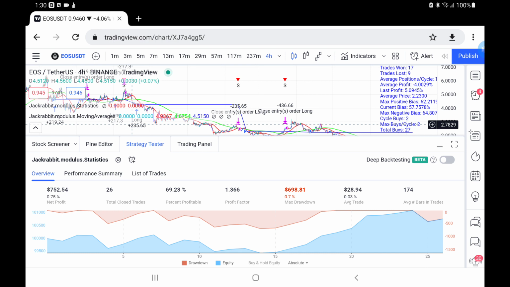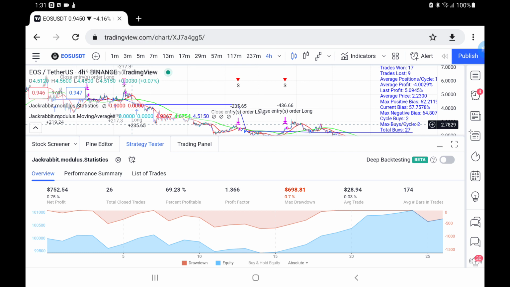This coin for purchasing long positions would make $752. Now that's one position at a time, 1% of the balance, and for the purposes of this time frame, I chose a $100,000 balance to demonstrate the process.